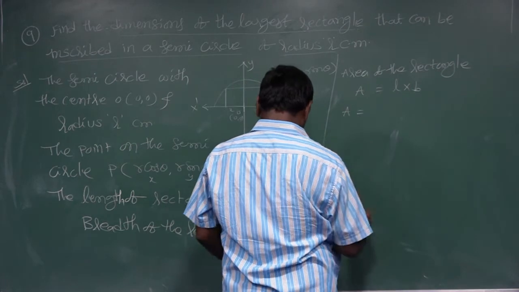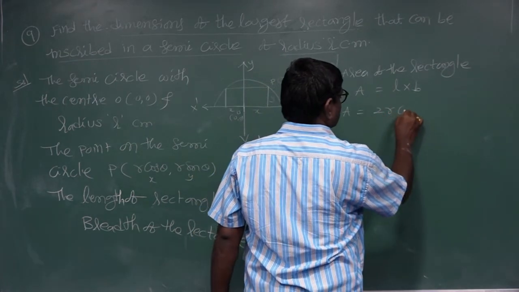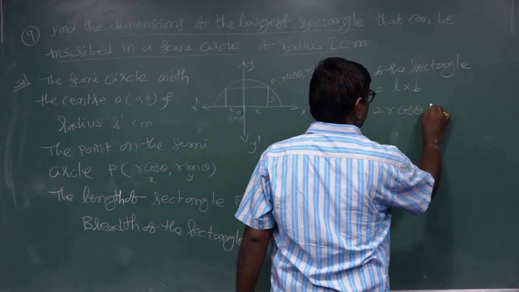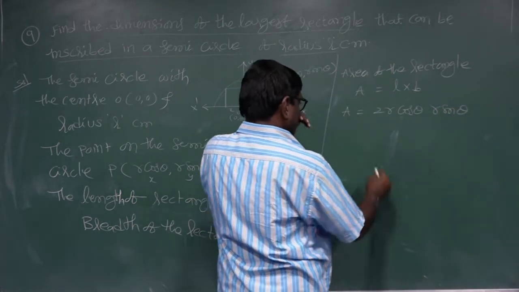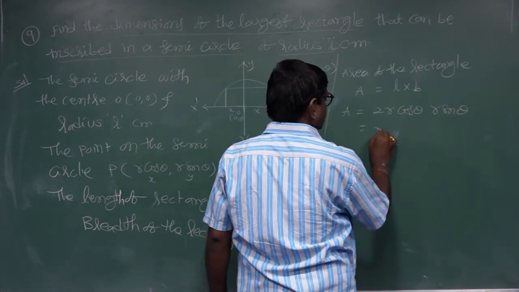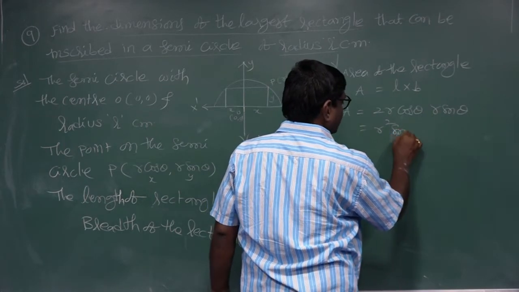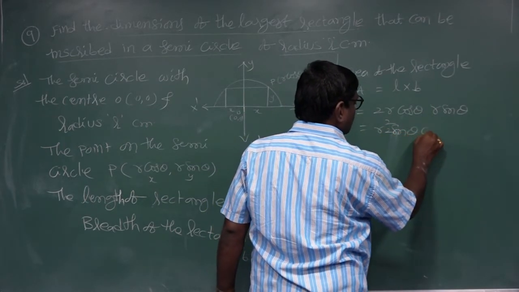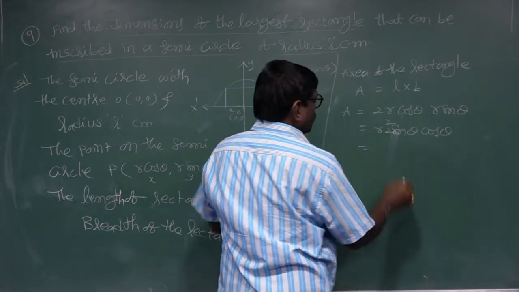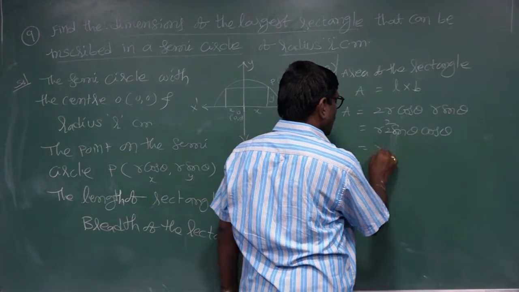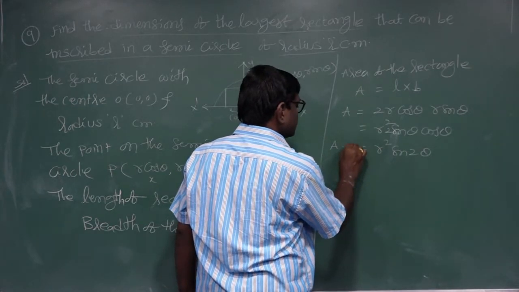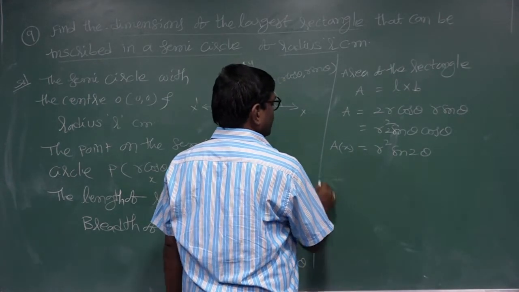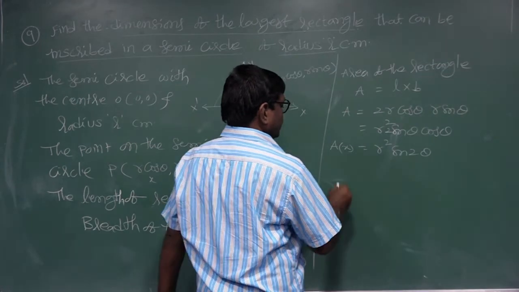So A equals 2r cos theta times r sin theta, which is r square into 2 sin theta cos theta, equal to r square sin 2 theta. This is A of theta.